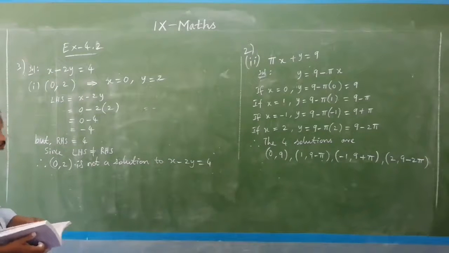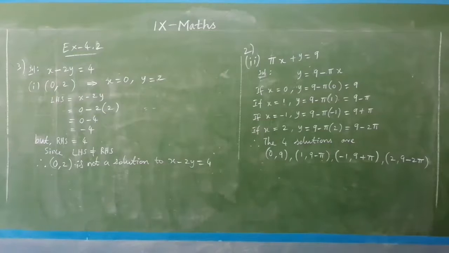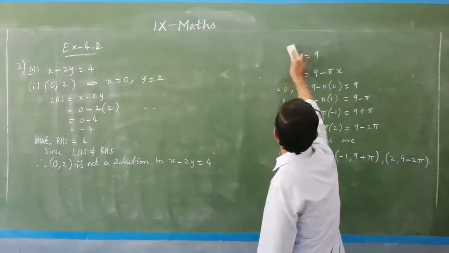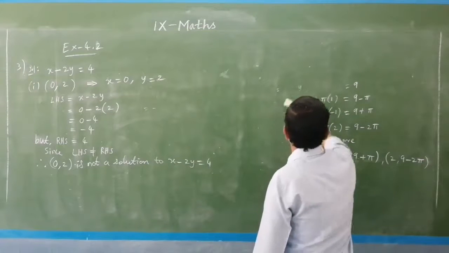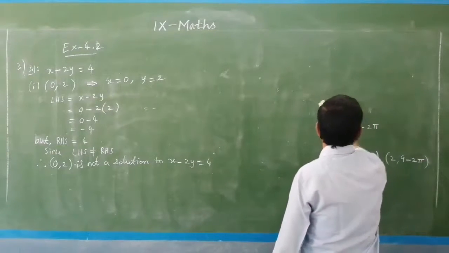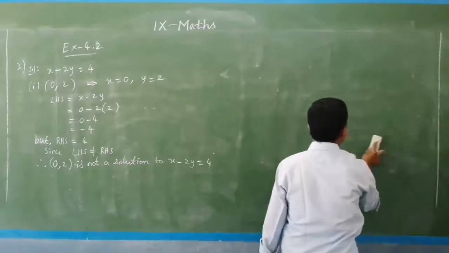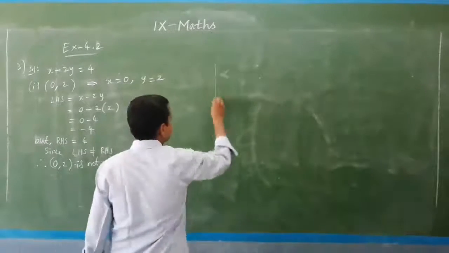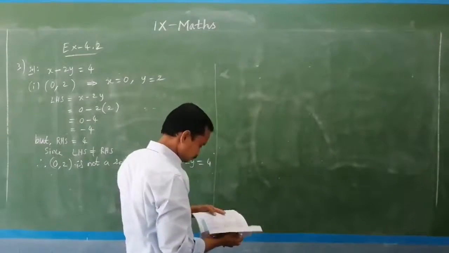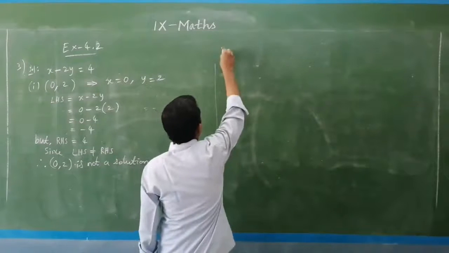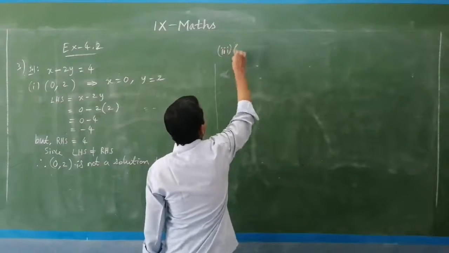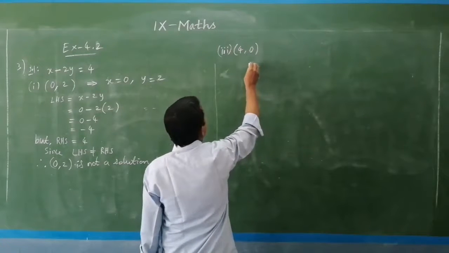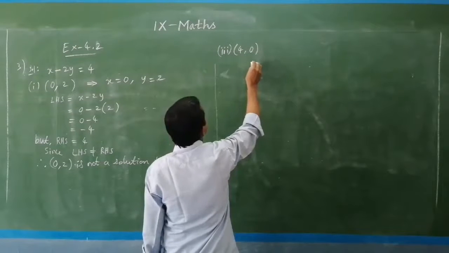And next option 4 comma 0, we can take option 3, which is given 4 comma 0. So, the equation x minus 2y equal to 4.